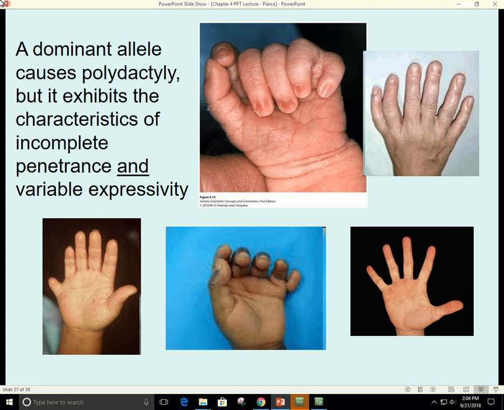The ones that have the fully formed extra finger, that gets more complicated surgically. And then you have this one guy over here who, I pretend, has the dominant allele but doesn't even have an extra finger at all. So that could be incomplete penetrance here. The rest of these guys are variable expressivity of the allele because they are expressing the phenotype but not to the same extent.